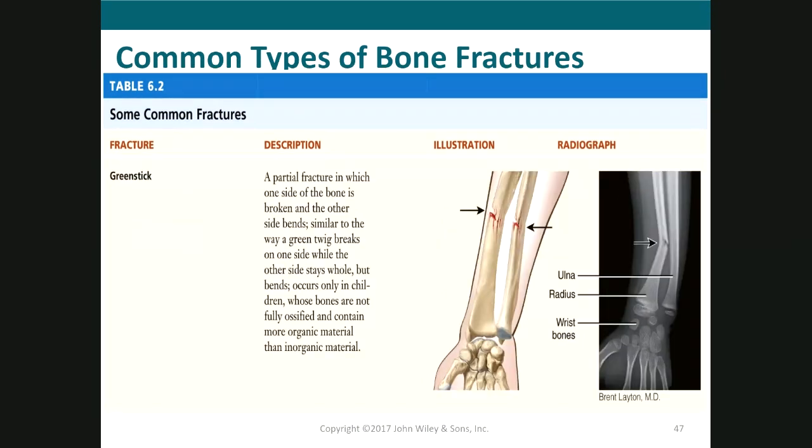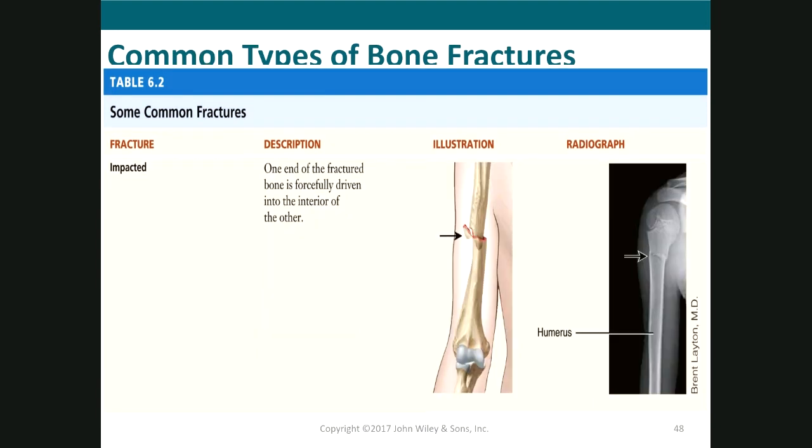Greenstick fracture, it's a partial fracture on one end, and it continues to be connected on the other end, usually in kids. Impacted fracture, on one end, the fractured bone is forcefully driven into the interior of the other, kind of compressed.